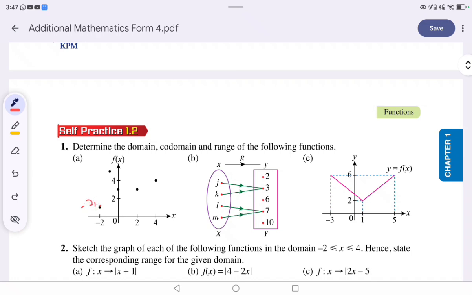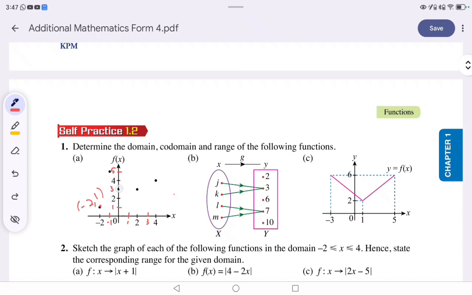-2, 1. Okay, here you can see 1, 3, 4, 5, then -1, so later it is easy for us to identify the coordinate. This one is the coordinate for this point.